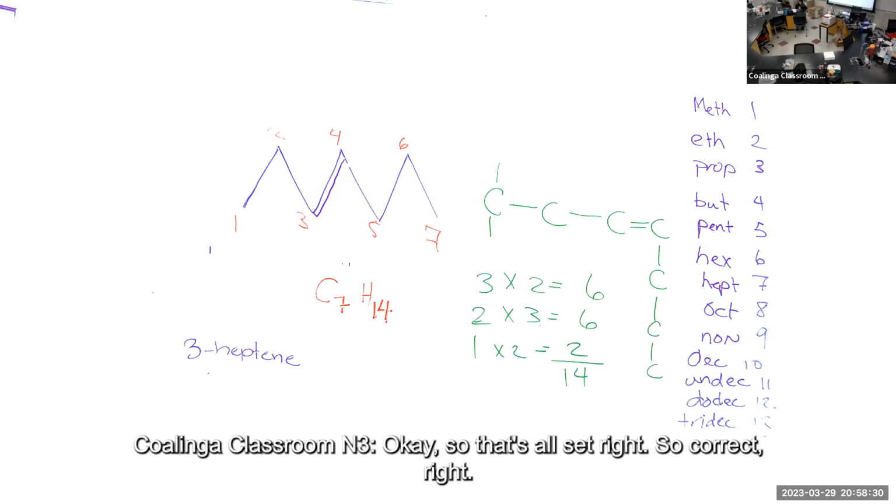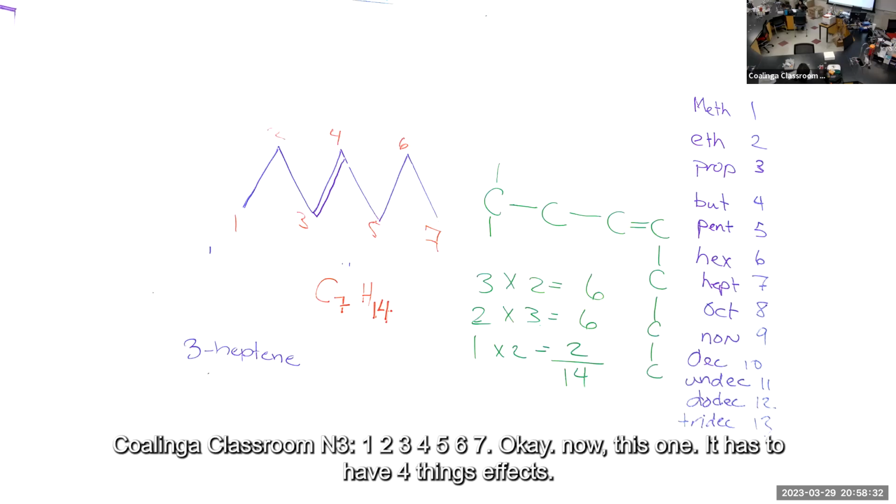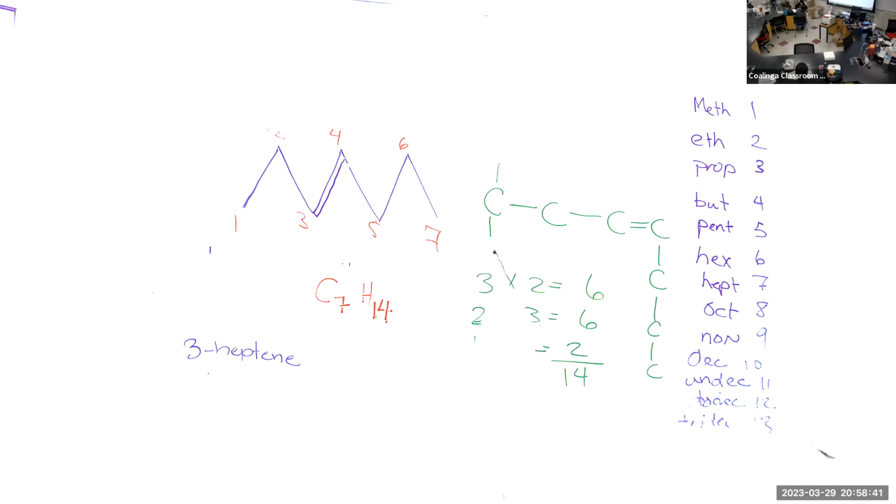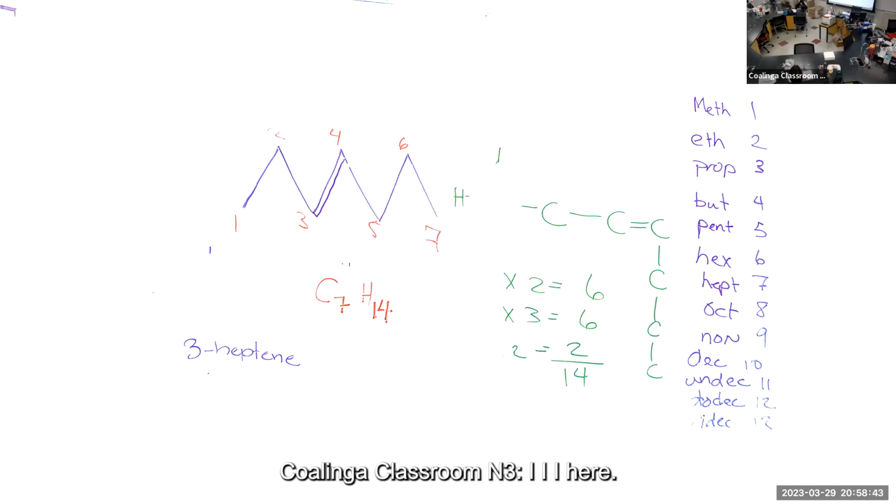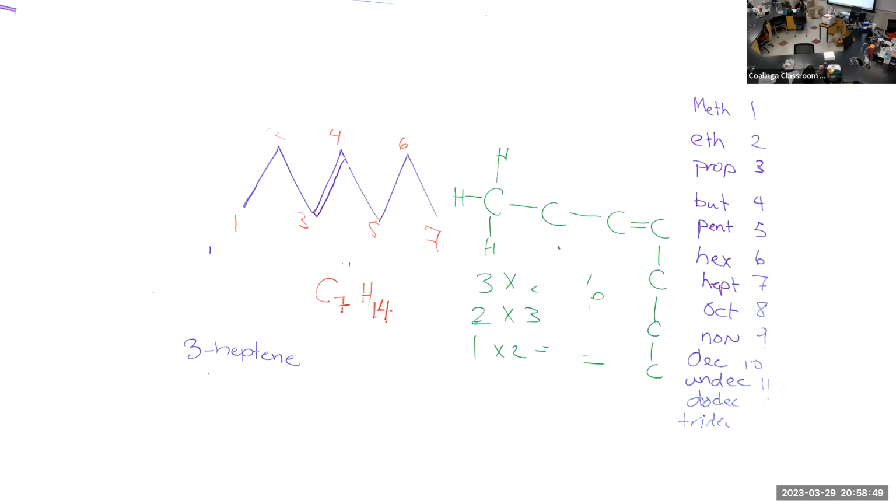That's all 7 carbons. Now this one has to have 4 things attached to it. There's a hydrogen here, a hydrogen here. Here there's 2 right here, so how many hydrogens do I have here? 2.